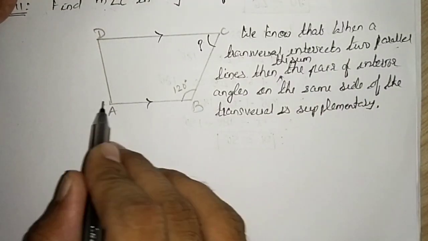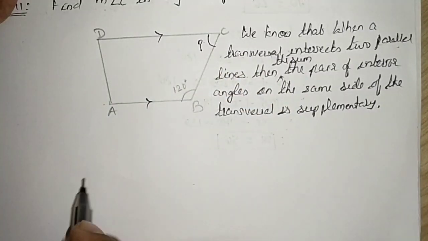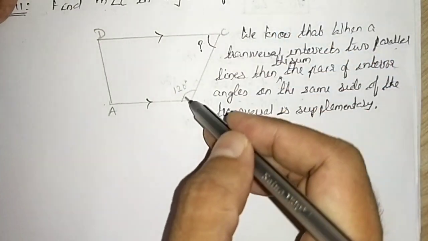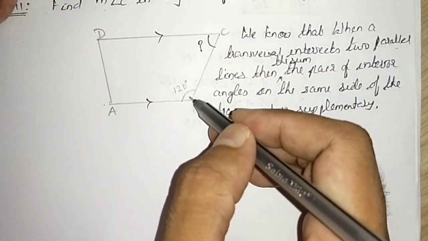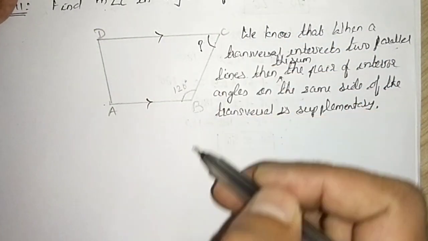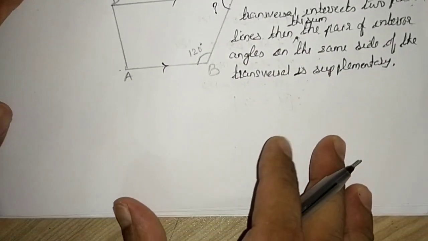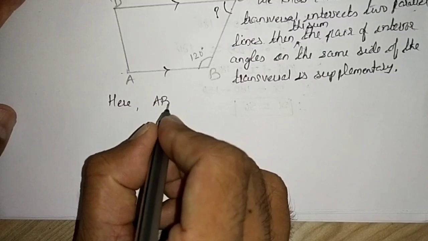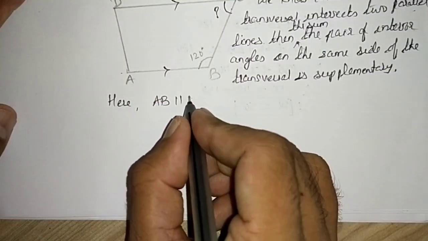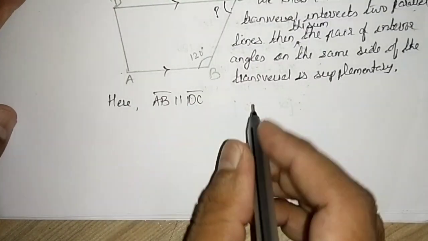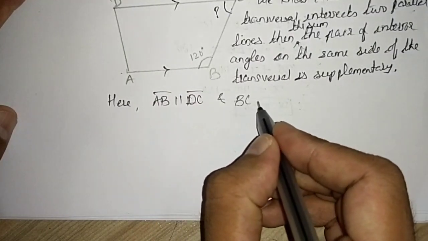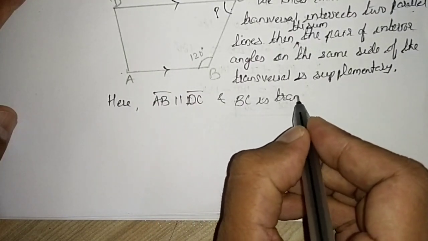Here AB is parallel to DC and the transversal is BC. Therefore angle B plus angle C will be 180 degrees. So we will write here: line AB is parallel to DC and BC is a transversal.